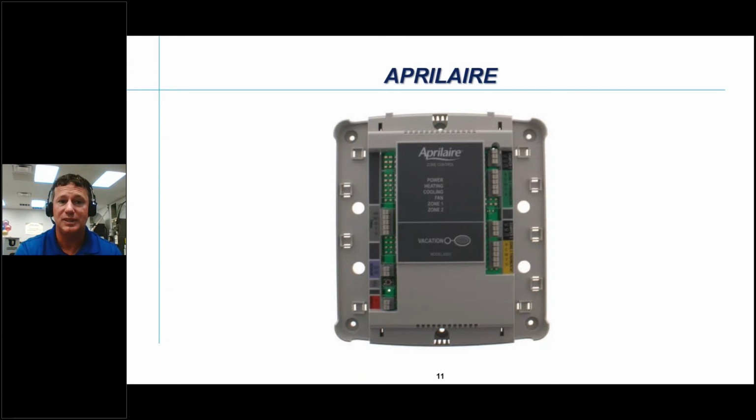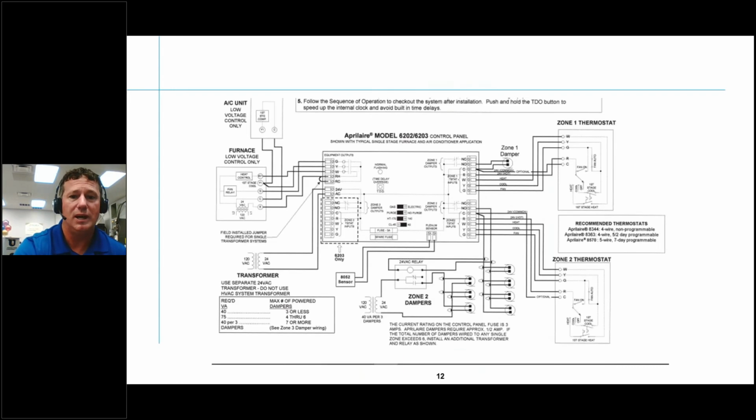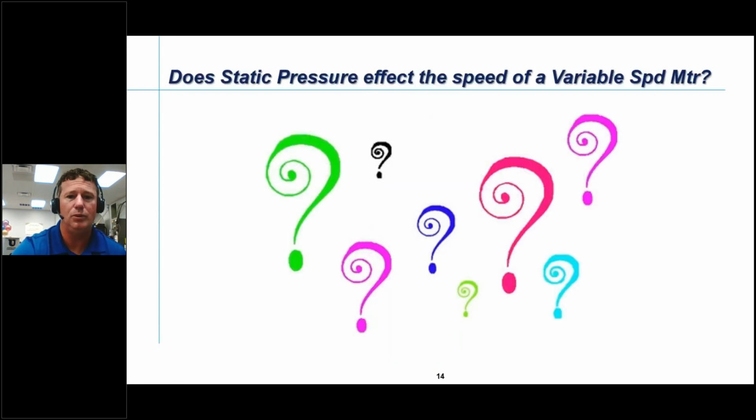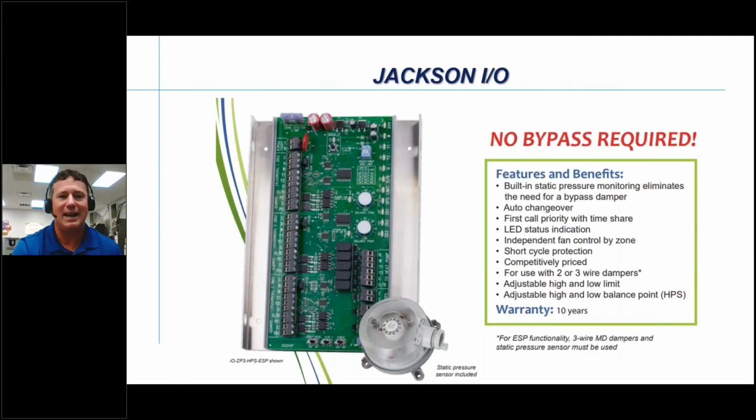And currently, I don't see a good alternative for variable speed blowers out of either Honeywell or Aprilaire as an aftermarket product. We do see an introduction once we move into, I guess I blew that one, to like the Jackson IOs.